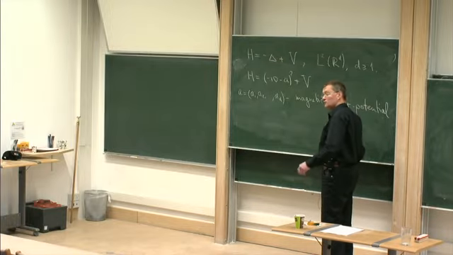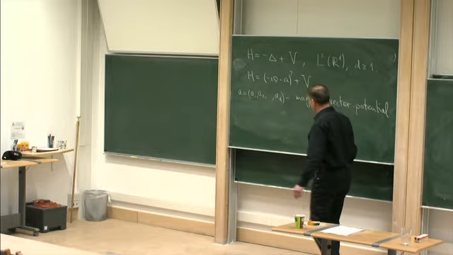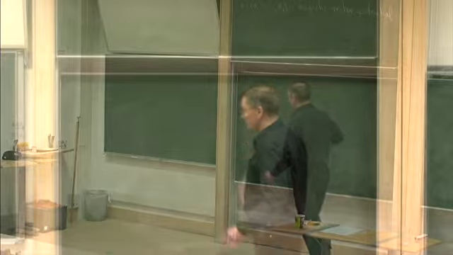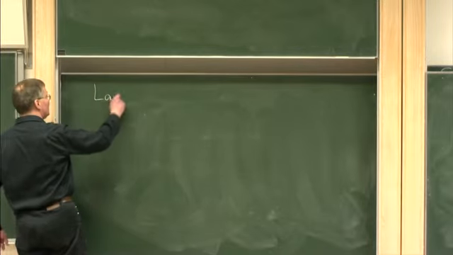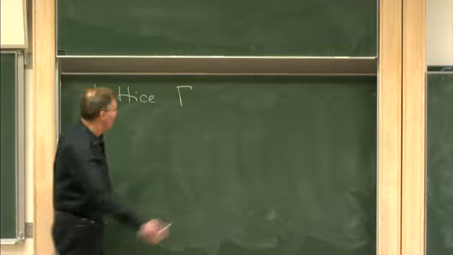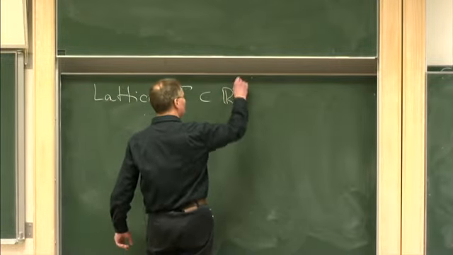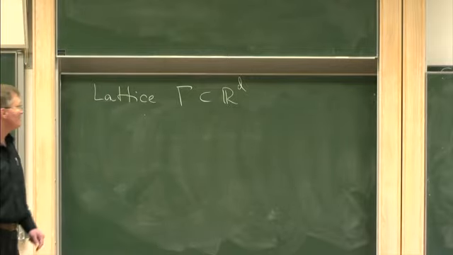So first I need to introduce some notation even before I start talking about these methods. So here it is. Periodic potentials, therefore I have a lattice. Lattice I will denote by Gamma. So this is a lattice in R^d, full rank. So there are d linearly independent vectors in the lattice.